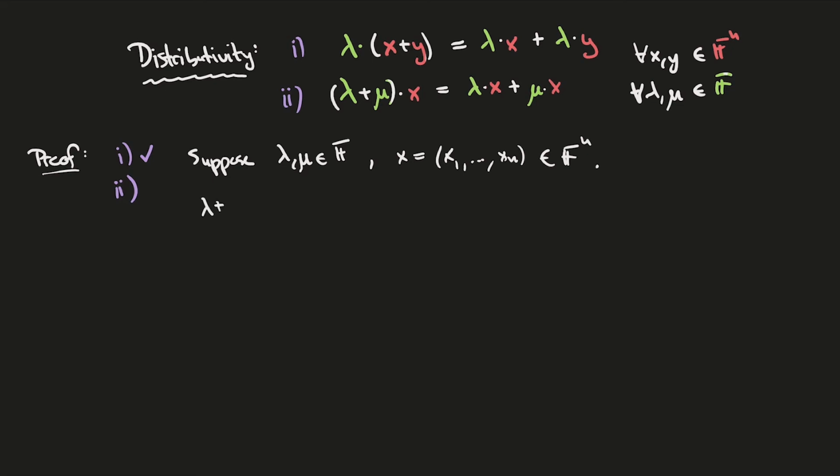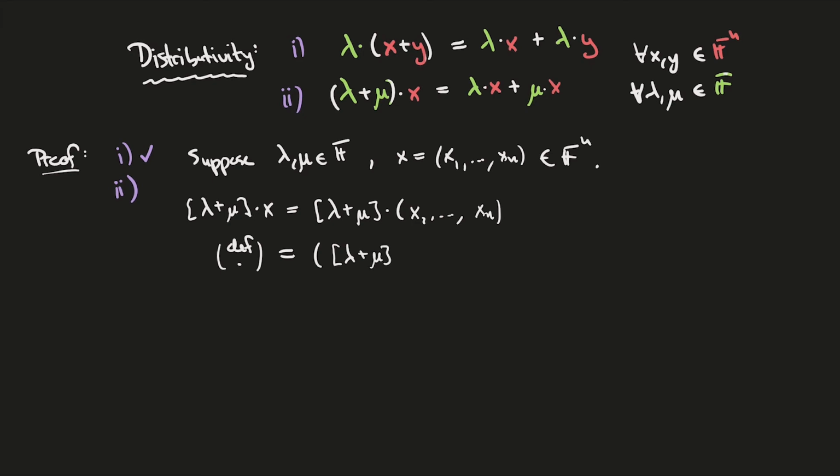Now, (lambda plus mu) times x equals, by the above, (lambda plus mu) times (x1 all the way up through xn). Applying the definition of scalar multiplication, we get that this equals ((lambda plus mu) times x1, and so on up through (lambda plus mu) times xn).